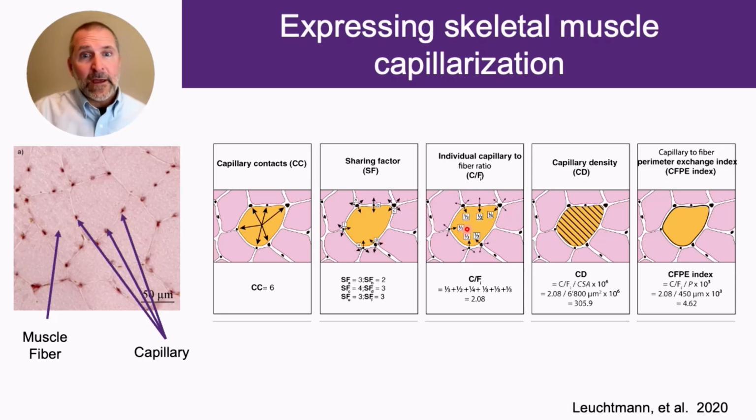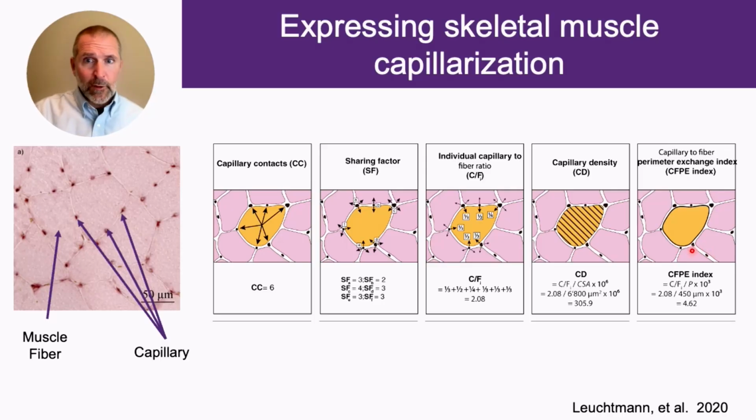The capillary to fiber ratio appears to be a little bit more sensitive than just the number of capillary contacts. But taking into account the size of the muscle fiber is very important for determining capillary density, which is the capillary fiber ratio divided by the cross-sectional area of the muscle fiber.